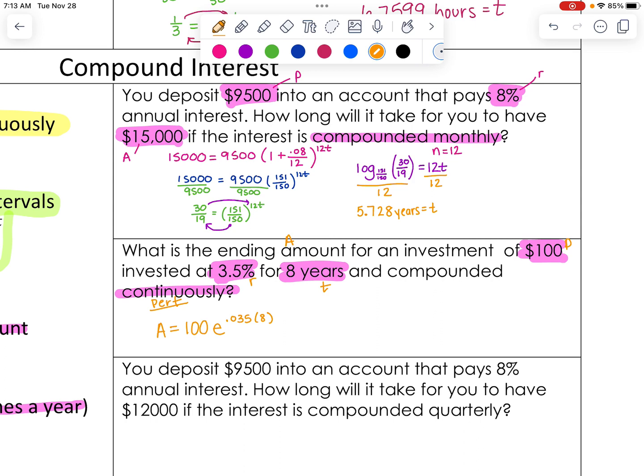So we're just going to plug into our calculator to solve for A. So I've got 100 times e to the power of 0.035 times 8. And I get 132.31. I'm going to round to 2 decimal places since this is money. So we've got $132.31.